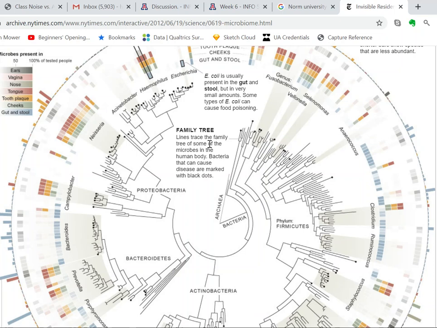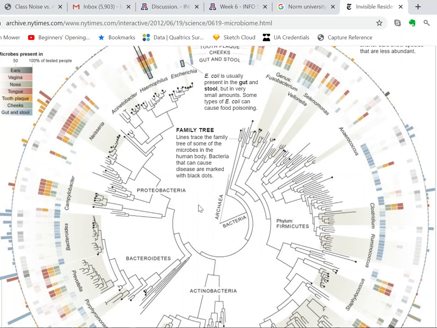So here, the entire world of microbes has this family tree starting from, this is bacteria, this is archaea, and then from this we have phyla, and under phyla we can have class, family, genus, species, and all that.